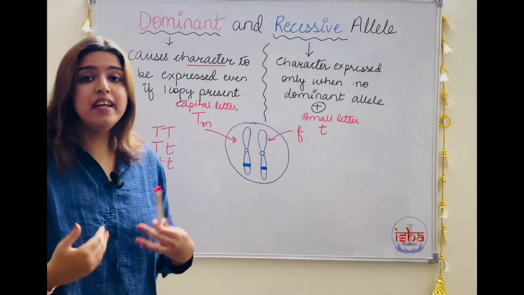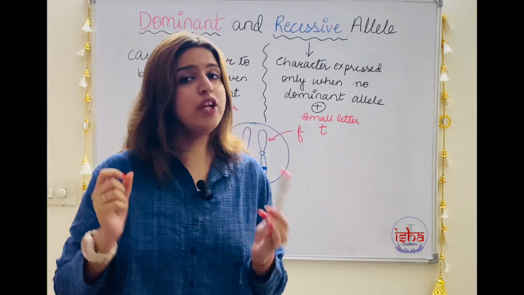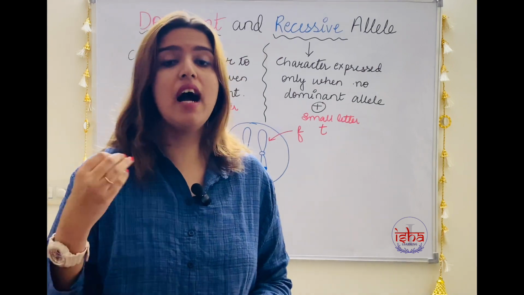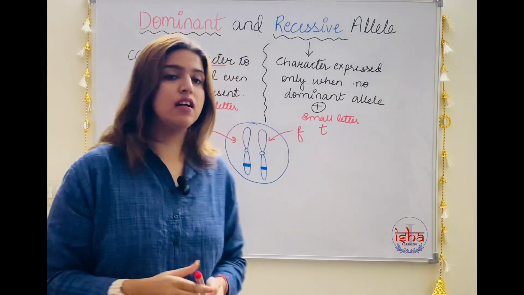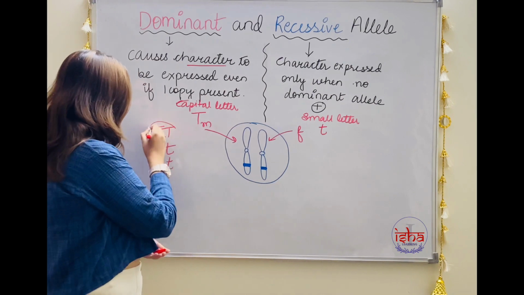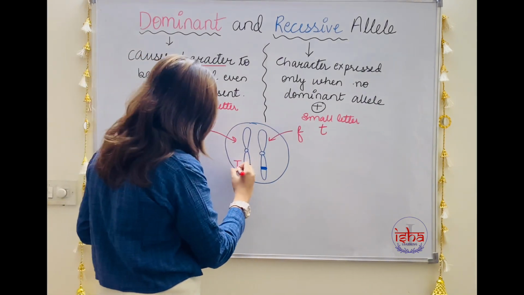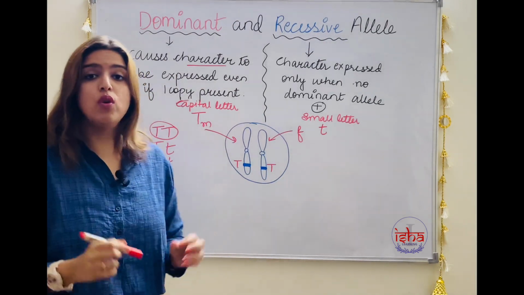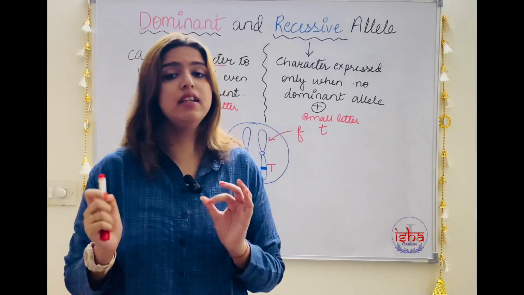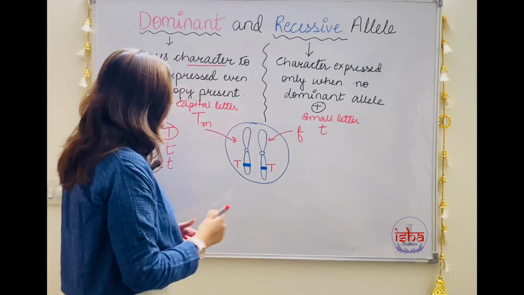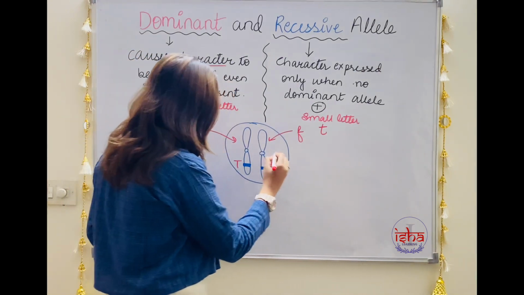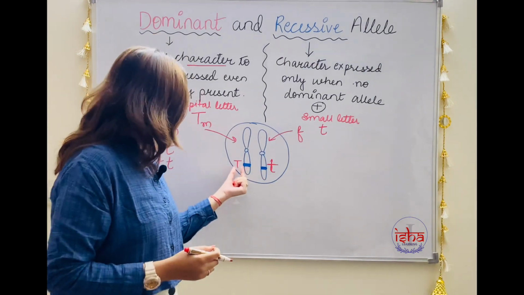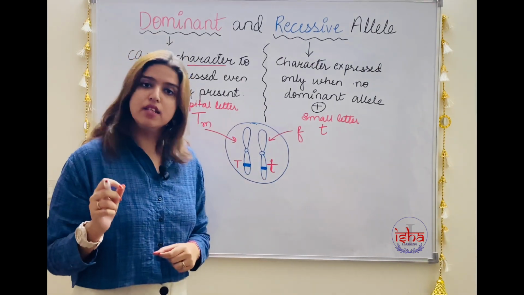Now, depending on which combination, which genotype is present, my phenotype is going to come. What height will appear depends on this. See, when both are dominant, capital T here and capital T here too, your organism will be tall. Both are dominant alleles. If it is capital T, small t, in that case also your organism is tall because at least one copy of the dominant allele is present.